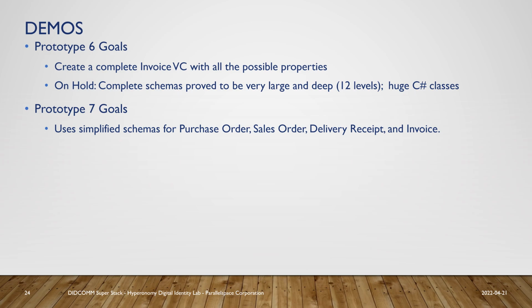So we sort of abandoned prototype 6, but it's there because there was a lot of code created for it, and it kind of set the stage for 7. So in 7, we simplified the schemas for purchase orders, sales orders, delivery receipts, and invoices.